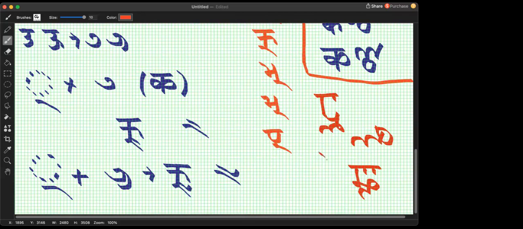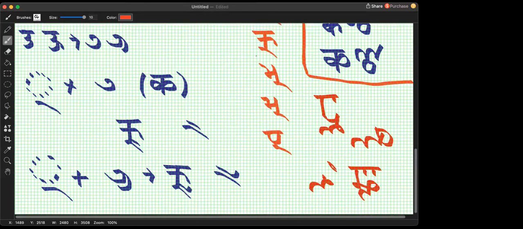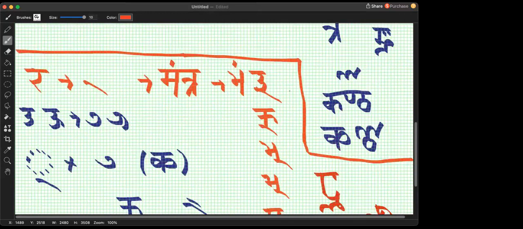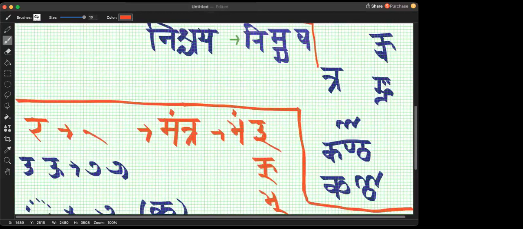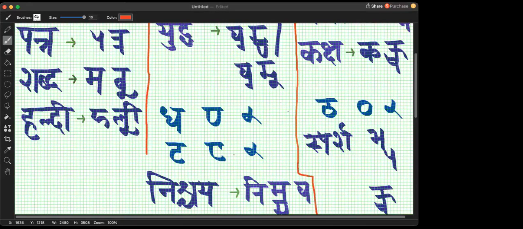Okay, so suppose you want to add no to mo, what happens? It will take up like this. But when you're writing gnya, no is written like this. Okay, so we learned kshatragnya and the three rules, and for the, t, and th, it can be written as a full alphabet or like this.